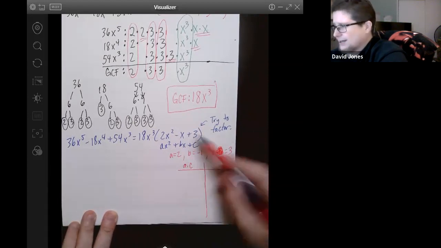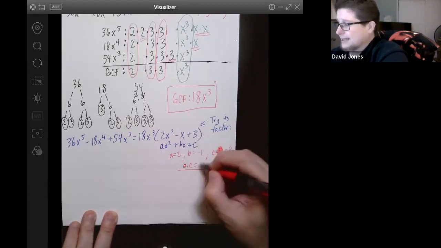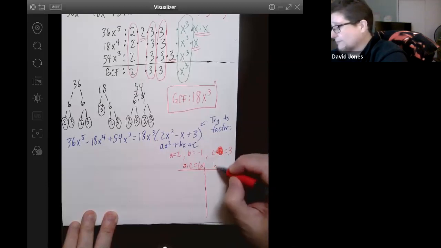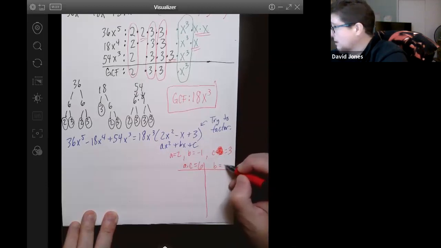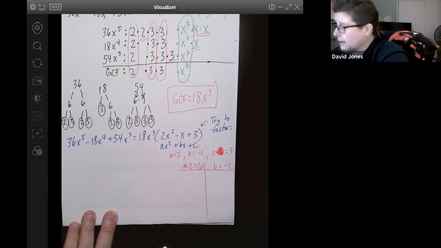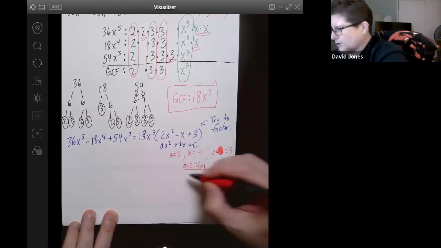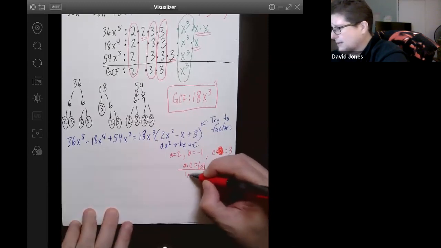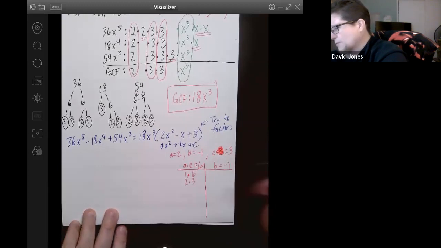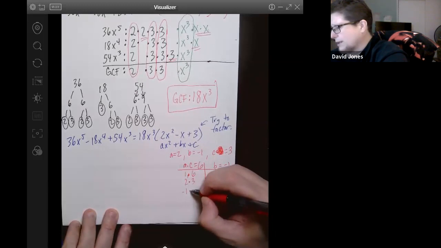I was doing a times c in my head. A times c is 6, and b is negative 1. Factors that make 6 are 1 and 6, 2 and 3. And if I put 3 and 2, it's just the same thing. Or I could do negative 1, negative 6.